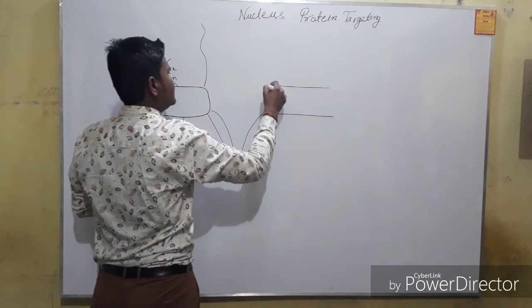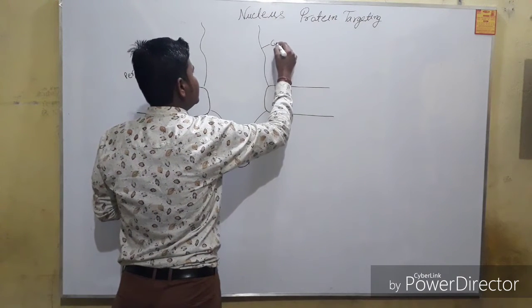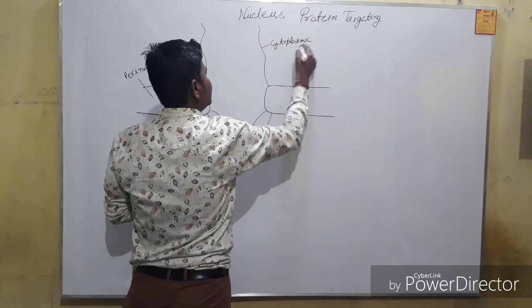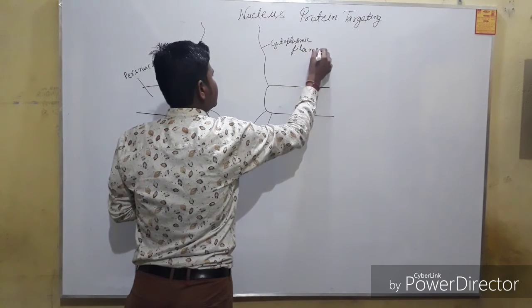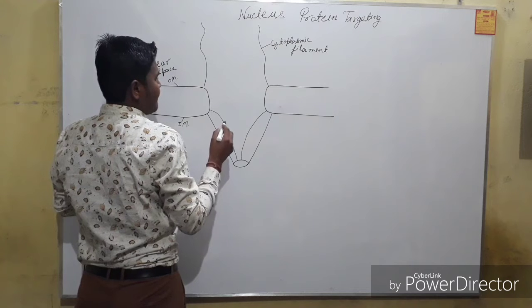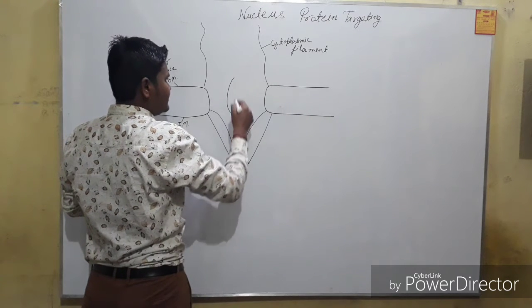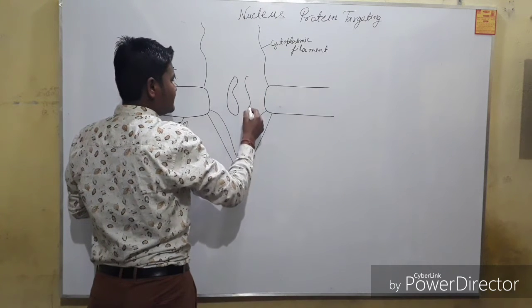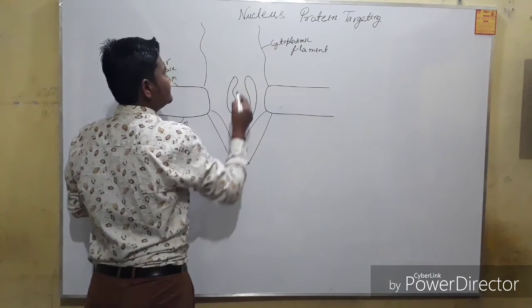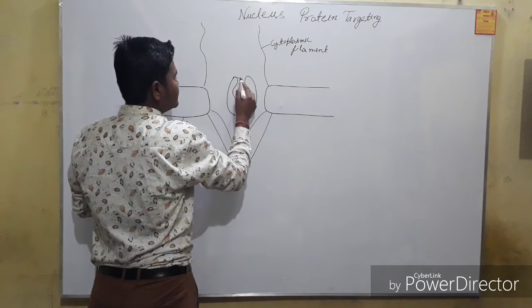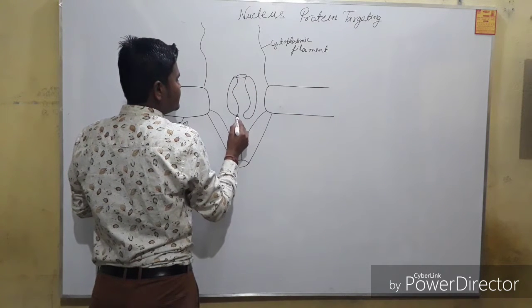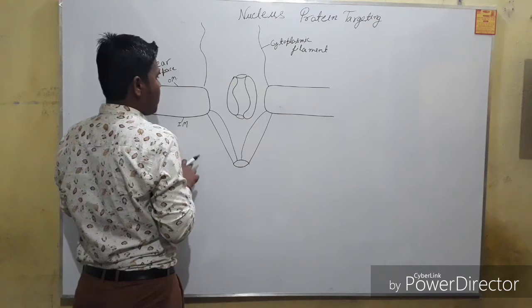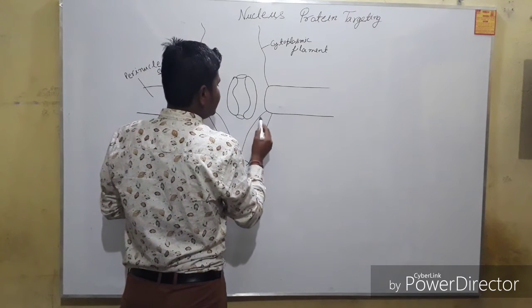This one is the cytoplasmic filament, and this one is the central channel. Cytoplasmic rings are also present here.